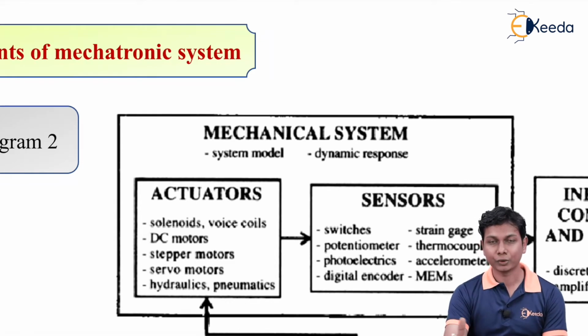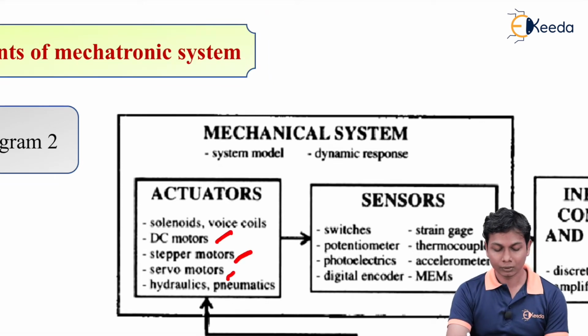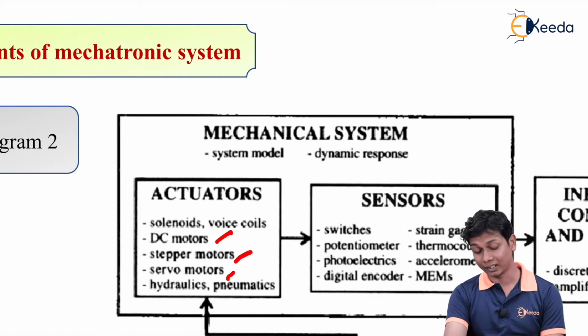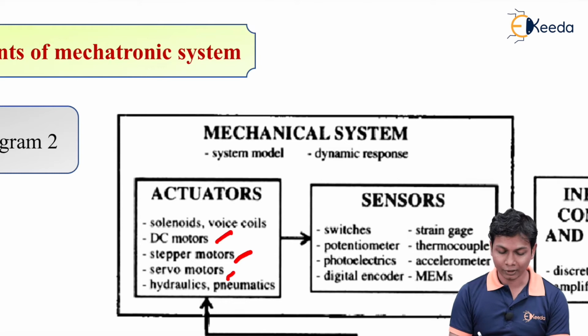So, sensors and actuators work simultaneously. In actuators, the examples, as you have seen, are the DC motor, stepper motor and servo motor. So, mainly motors are included in the actuators, and the sensors include potentiometer, phototronics, digital encoder, thermocouple or accelerometer.